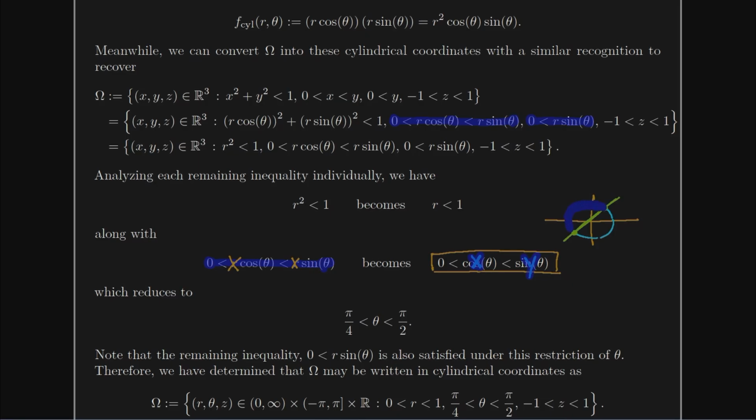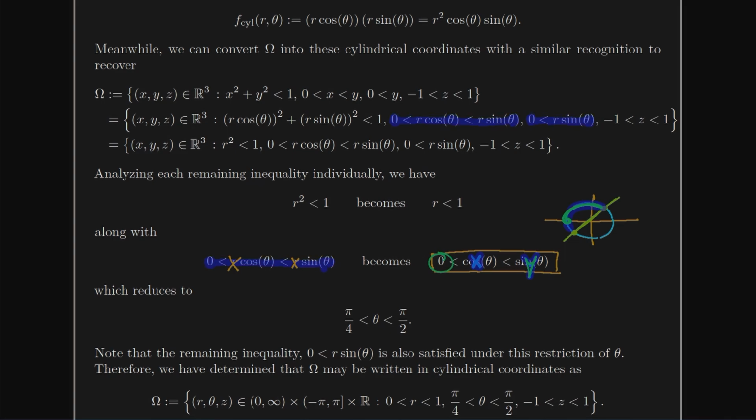It's going to be everything to the left of these points. But we also have to consider that we required the y coordinate to be positive. And so the fact that we're requiring the y coordinate to be positive, we're actually going to force ourselves to be in this region. And finally, because we're requiring that the x-coordinate is positive, the x-coordinate is only positive in this region.